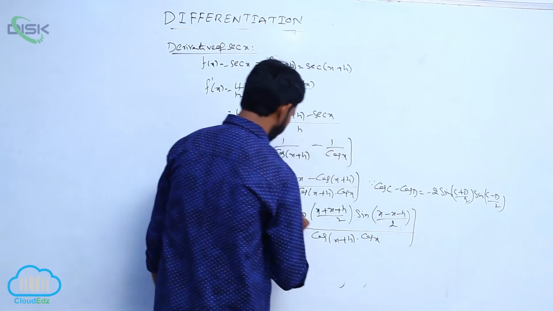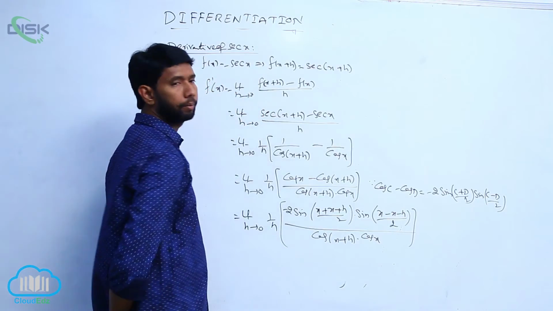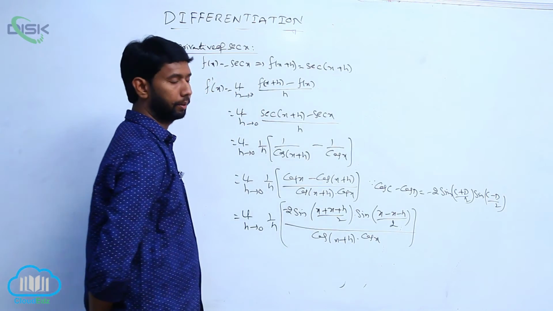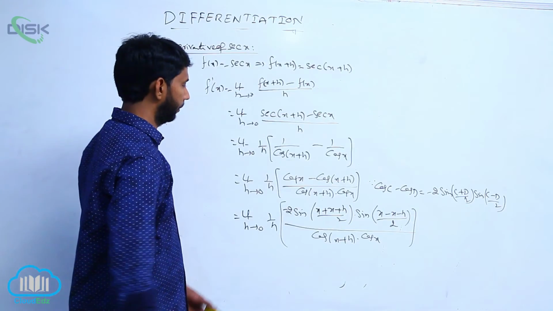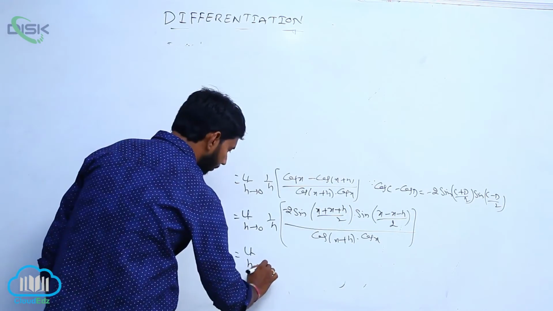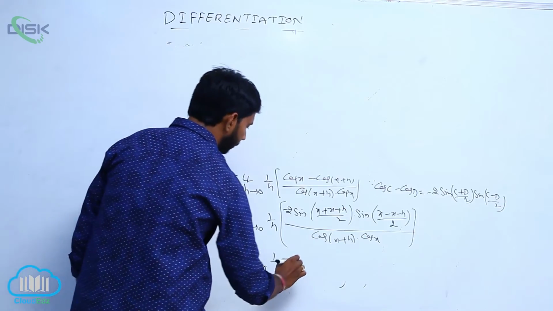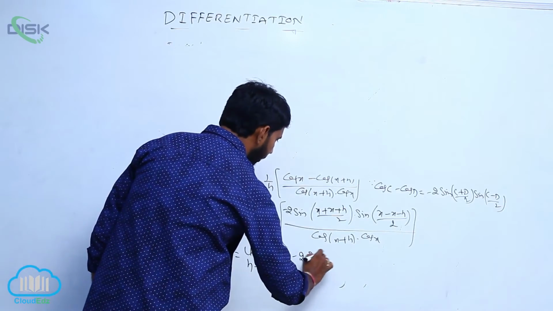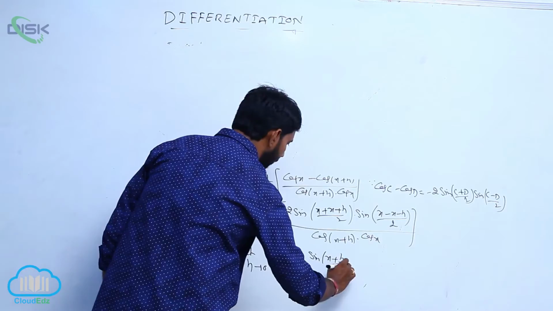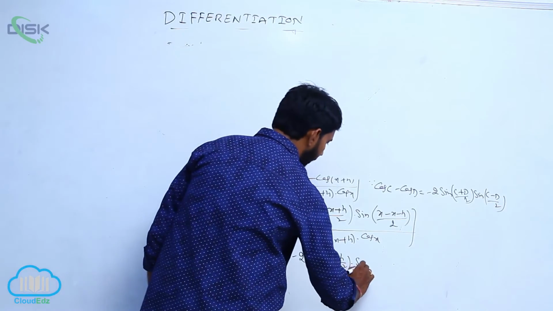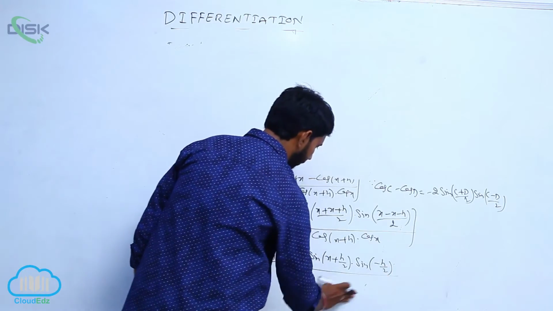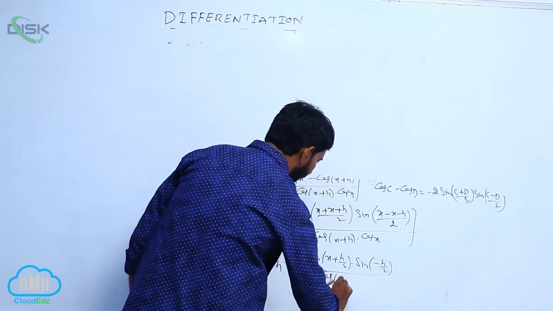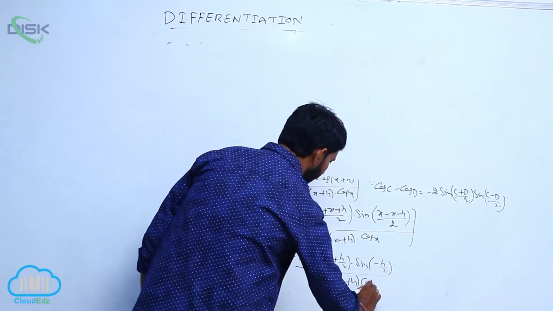That becomes the limit h tends to 0 of 1 by h into minus 2 sin of x plus h by 2 into sin of minus h by 2 by cos of x plus h into cos x.